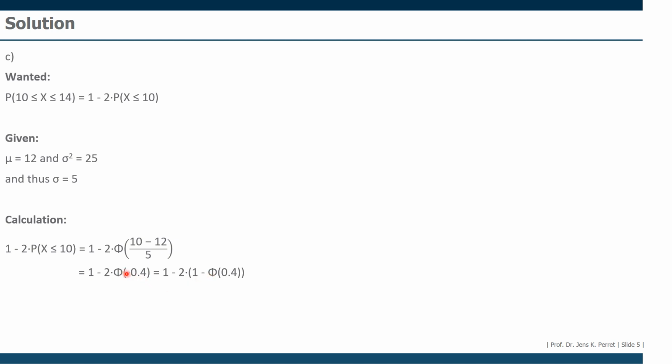Then we can look up the 0.4. In the table for the standard normal distribution, we find a value of 0.6554. Once I put all of this into a calculator, I get as a final result 31.08%. So there's roughly a 31% chance that someone will spend somewhere between 10 and 14 euros in a food court.